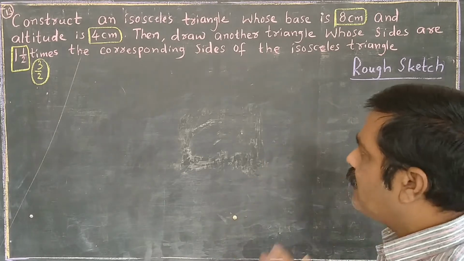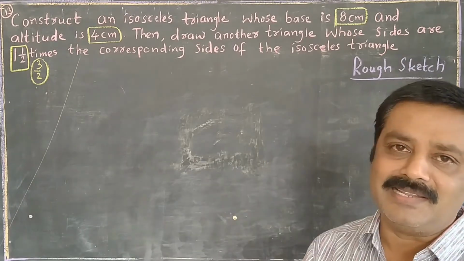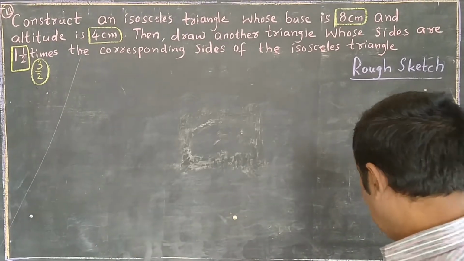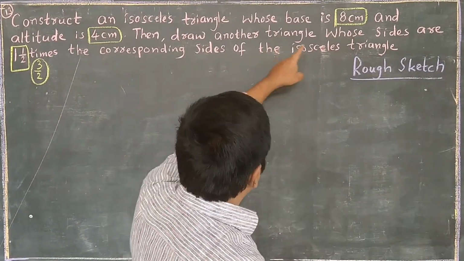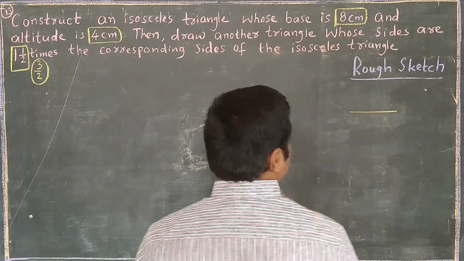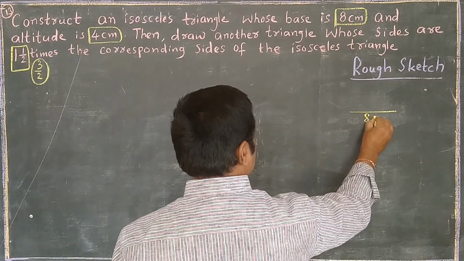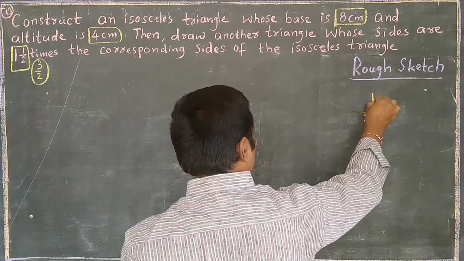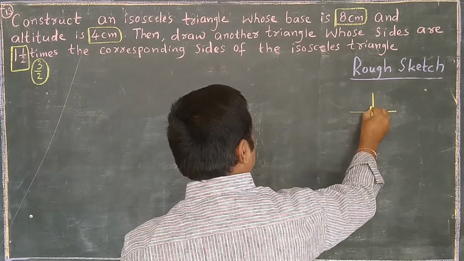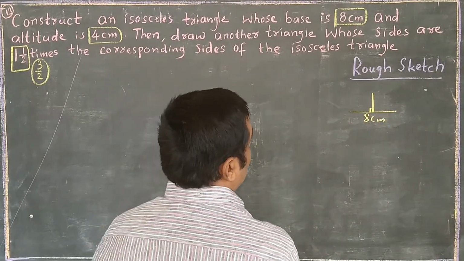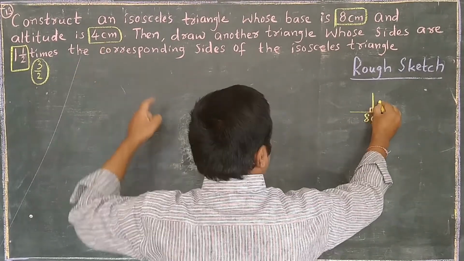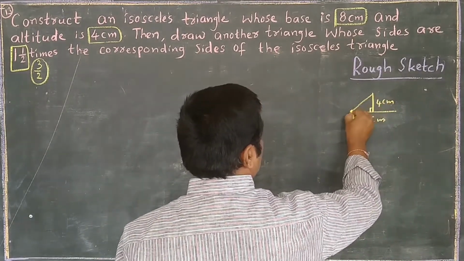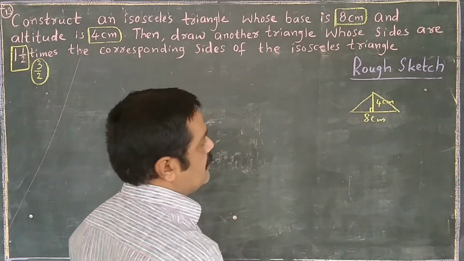What is the difference? How to construct the triangle is different for these problems. First, construct the base, 8 centimeters, and also the altitude, the perpendicular height, which is 4 centimeters. We are asked to construct an isosceles triangle.